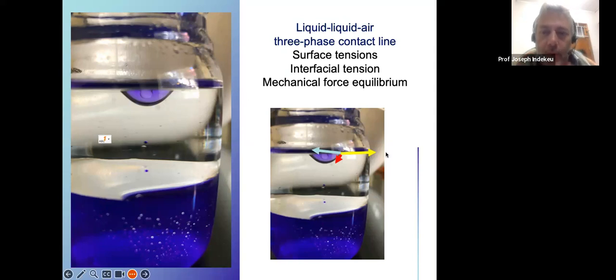Here in the right panel, I have sketched these forces, which are actually interfacial tensions. An interfacial tension or surface tension is an energy per unit area or a force per unit length.